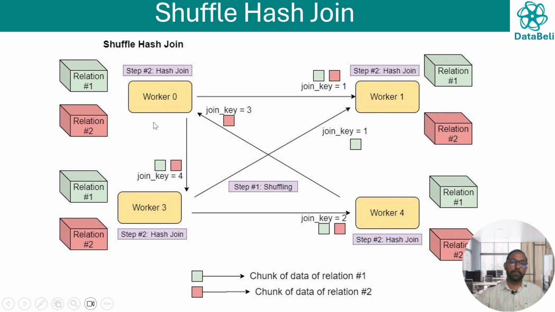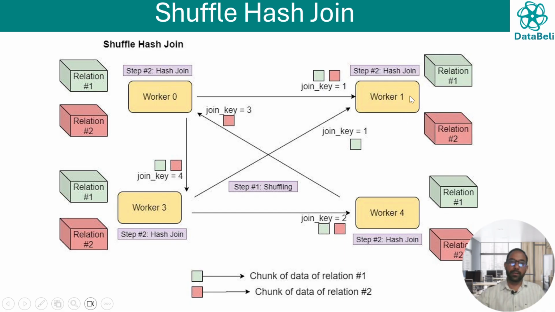Because those can be available in a different worker, that's where shuffling will happen. What will happen is it will take one relation and, relation by relation, try to gather all the corresponding keys into a single worker.